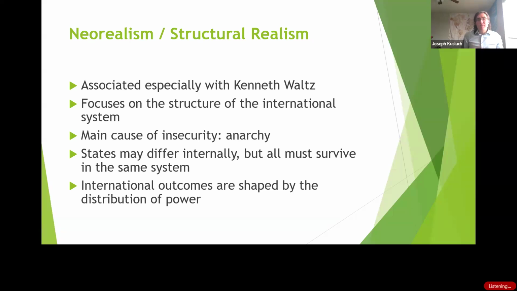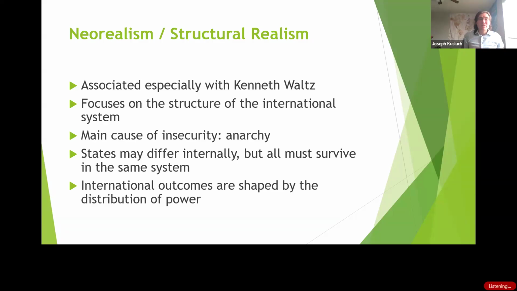The deeper problem is that states exist under anarchy. Even if states have different domestic systems, democratic or authoritarian, they all face the same basic requirement. They must survive in a system where no higher authority can guarantee their security.